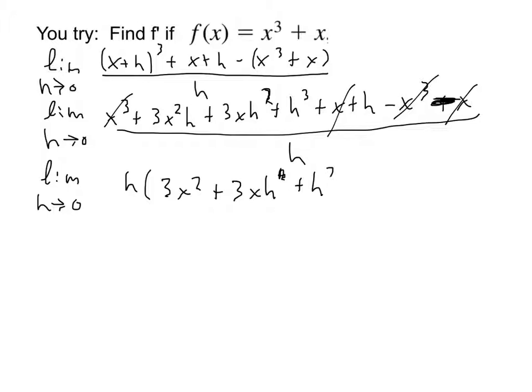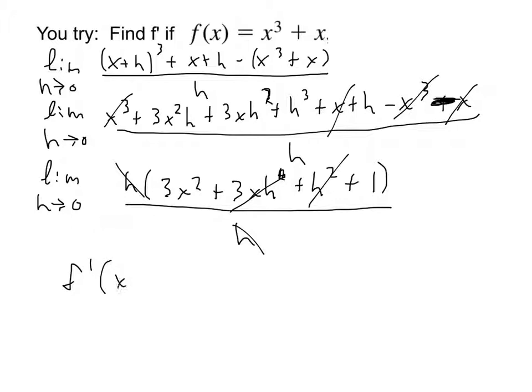My h's cancel. Now I can plug in the 0 for h because I don't have a denominator of 0, so that will cancel that, and that will cancel that. And I'll be left with f prime of x equals 3x squared plus 1.